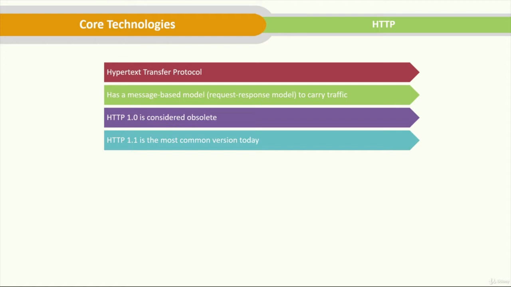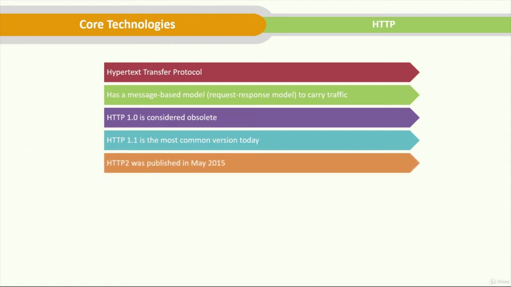Now, as the internet evolves, HTTP is extended and leveraged with new features. Even new releases come out to support today's more complex applications. The latest version was published in May 2015 as HTTP/2. HTTP/2 has many great features.